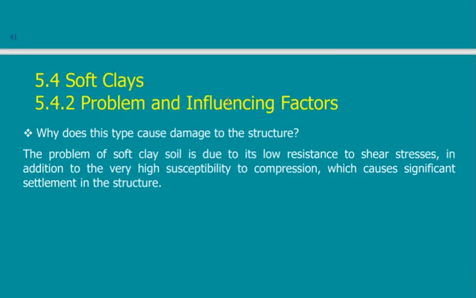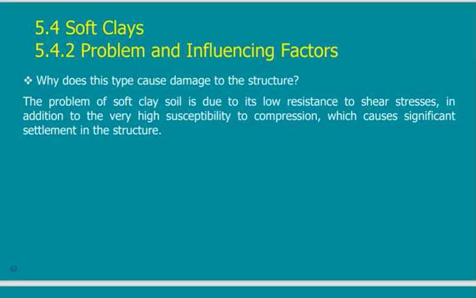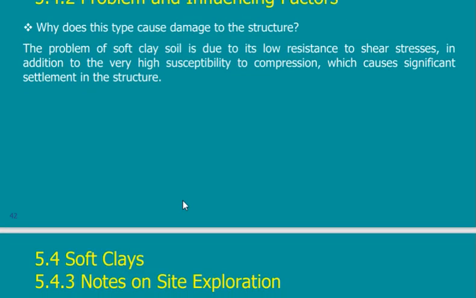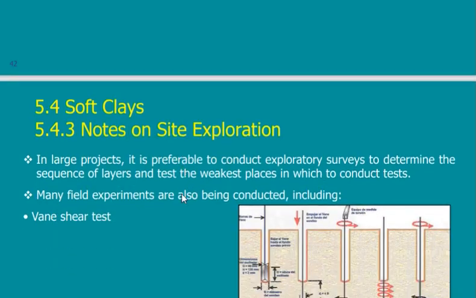And we said, why does this type damage the structure? It is because of the highly compressible characteristics of this soil that end up with very high deformations in our structure.